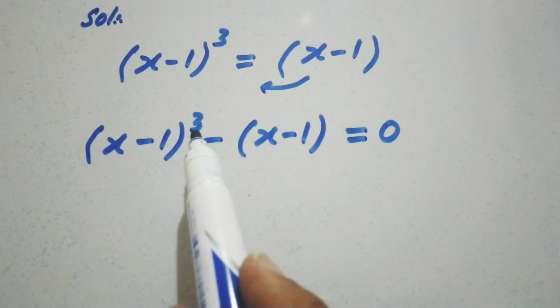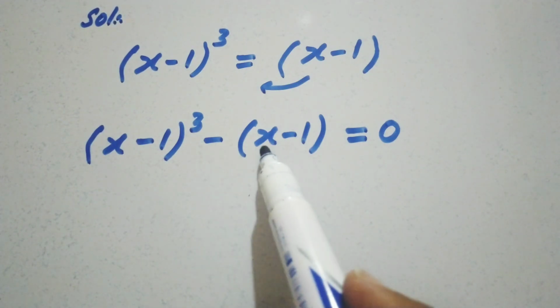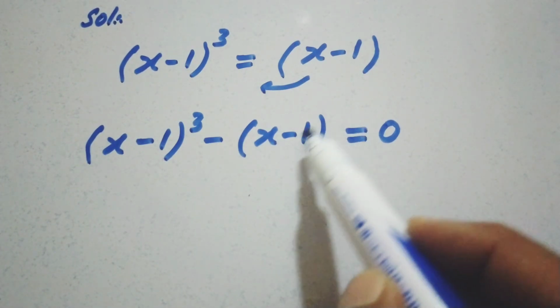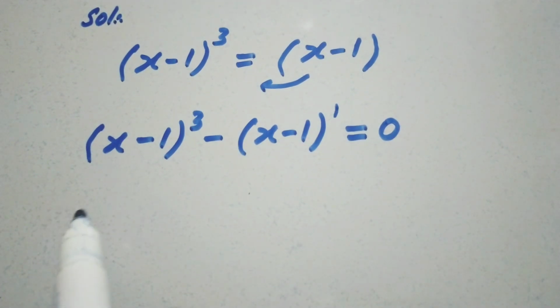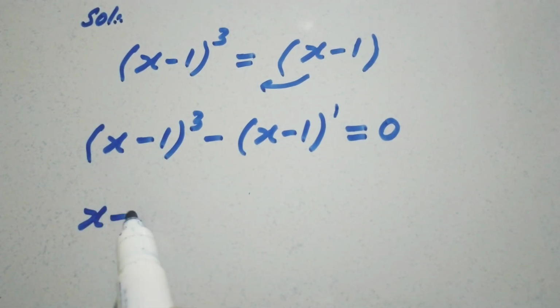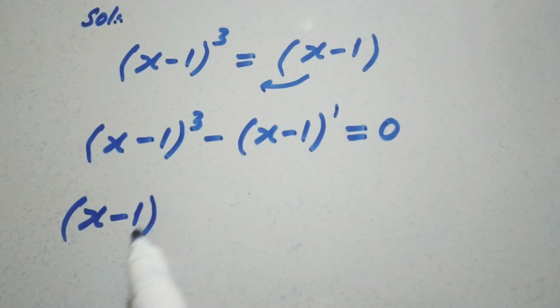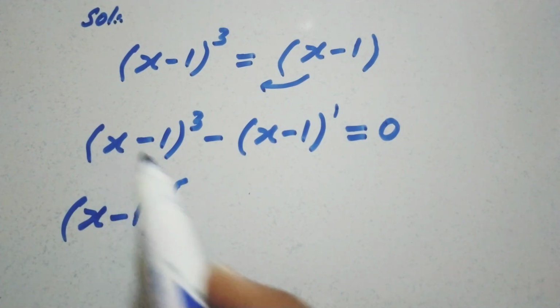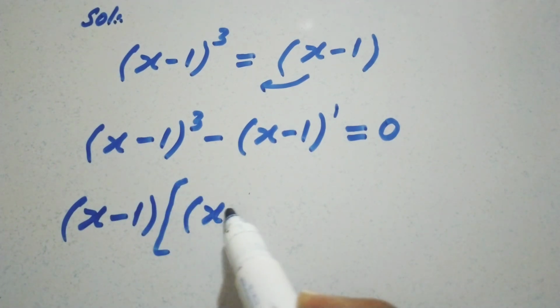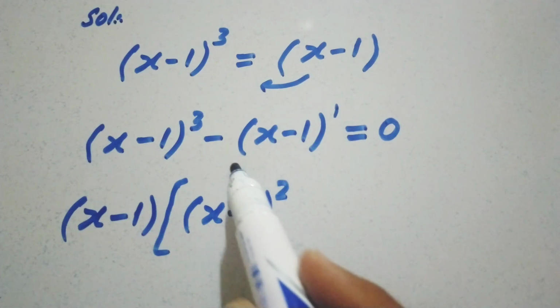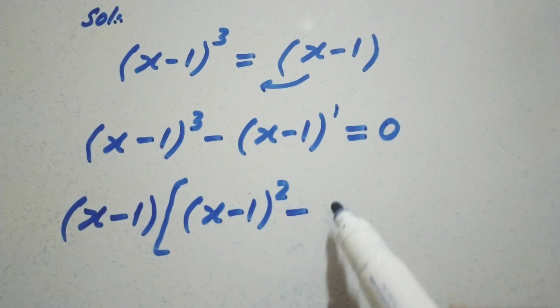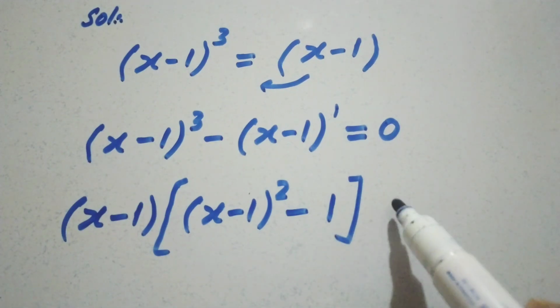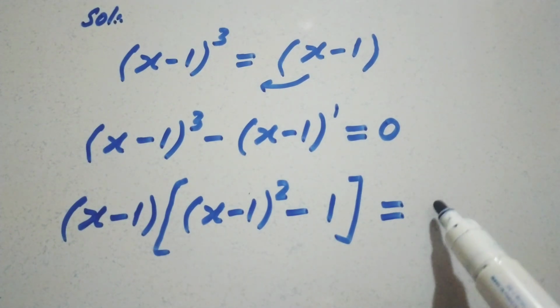Now (x − 1) whole cube, and minus (x − 1), the power of x − 1 is 1. So we can factor out x − 1 as a common factor, and inside we have (x − 1) squared minus 1, since 1 will be left, and this whole thing is equal to 0.